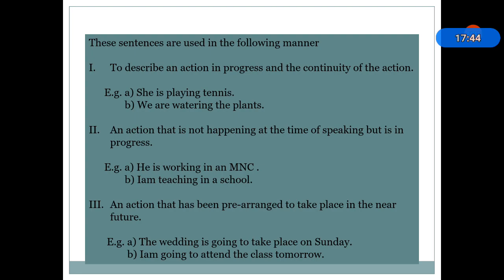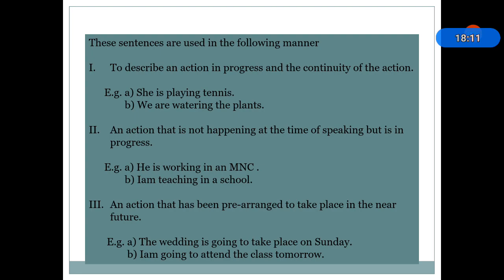Second, the present continuous tense is used to express an action that is not happening at the time of speaking but is in progress. That is, he is working in an MNC. Though he is not in the office, though he is not working right now, he is employed, or he is working in an MNC.